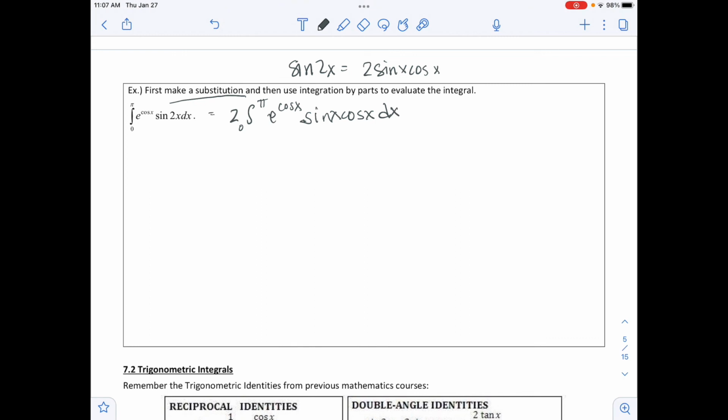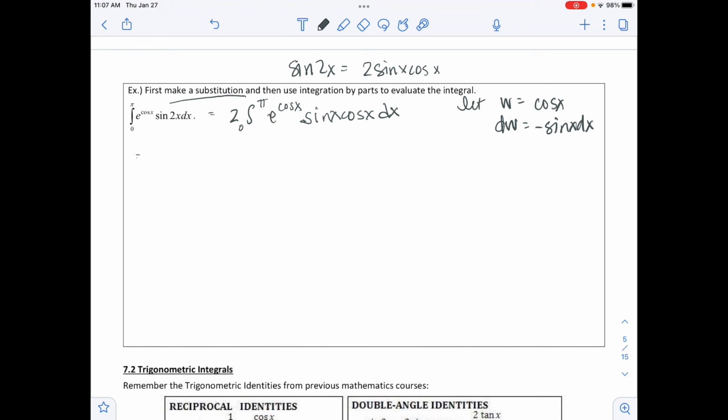So now that we're in terms of all the same angle, I'm going to try substitution right now. I notice that I have things in terms of cosines and things in terms of sine, so I'm going to say w equals cosine of x, and then dw equals negative sine x dx.